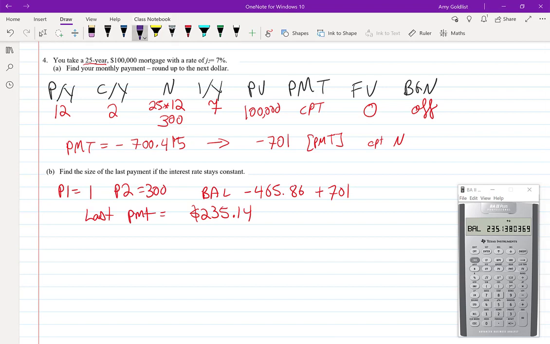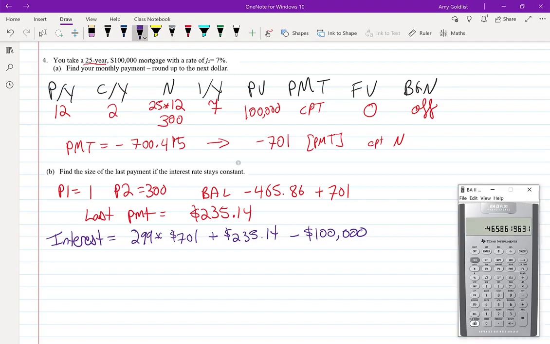I'm going to take a break here, and we're going to calculate the interest that we've paid over the lifetime of this mortgage. The money we paid is 299 payments of $701 plus one payment of $235.14, and we borrowed $100,000.